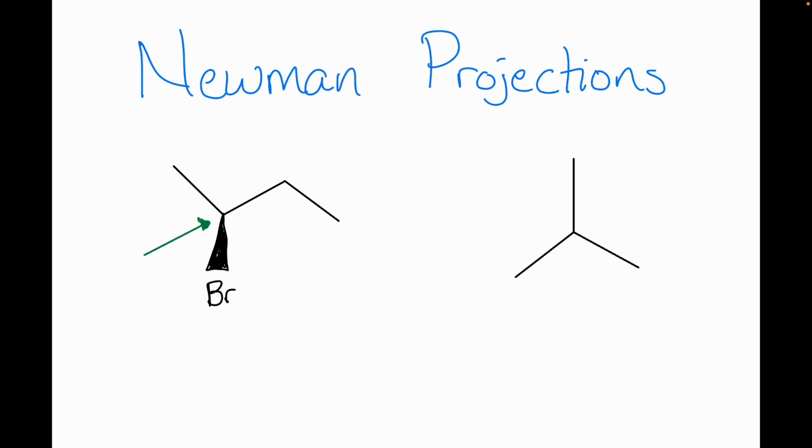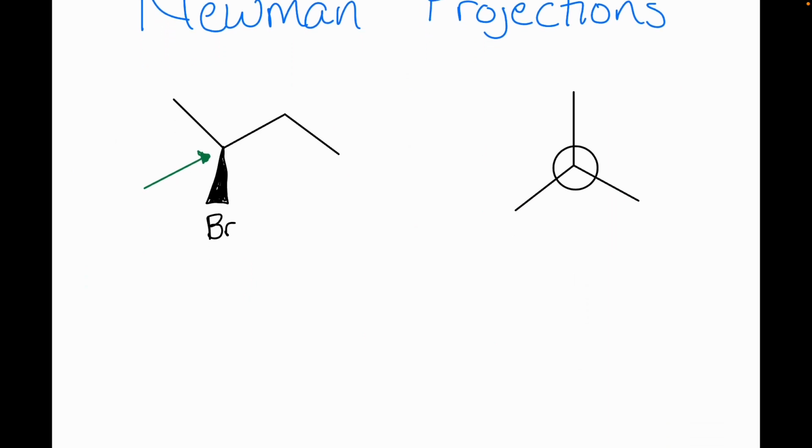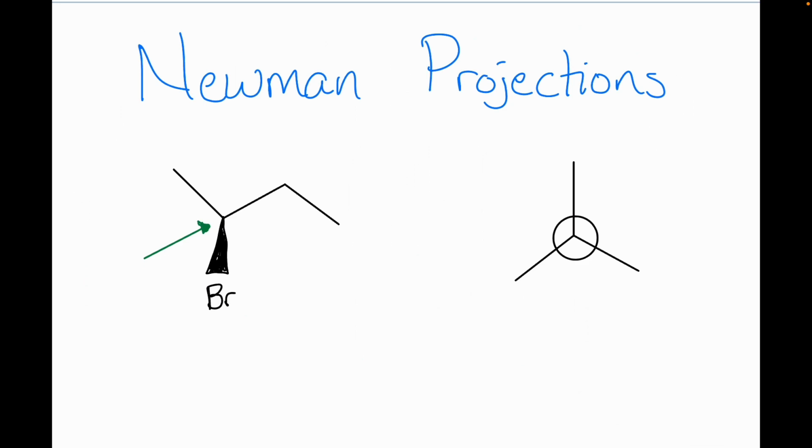Then we're going to draw a circle around the middle. All right, and we're going to draw 3 more lines sticking off of just the circle in the back that are staggered with our other ones. So everybody take a second and get this. This is the shell of this Newman projection that we're going to be filling in here.